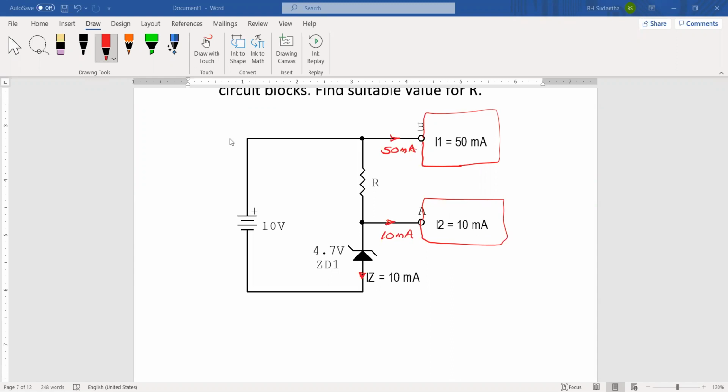This current is 10 milliampere, this current is 10 milliampere, then across this resistor, 20 milliampere current is going through.